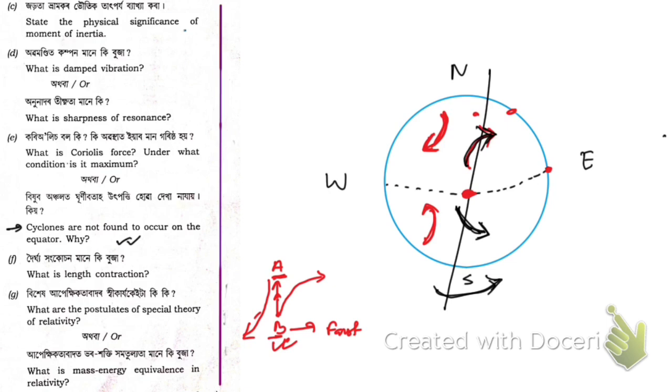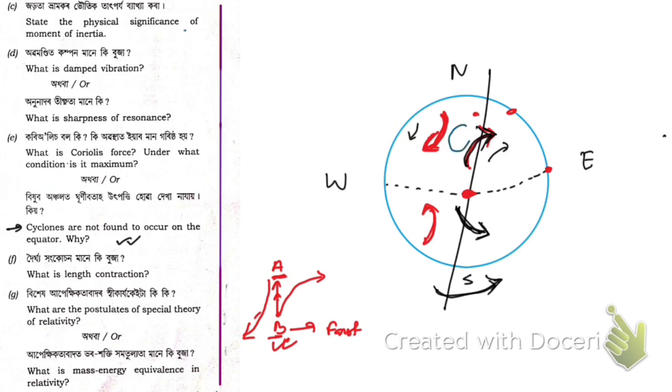Because of this effect, which is called Coriolis effect, cyclones are formed in the northern and southern hemisphere, right? Because of these two forces, one in this direction, another in this direction, there will be a rotation in anti-clockwise direction. That's why cyclones are formed.